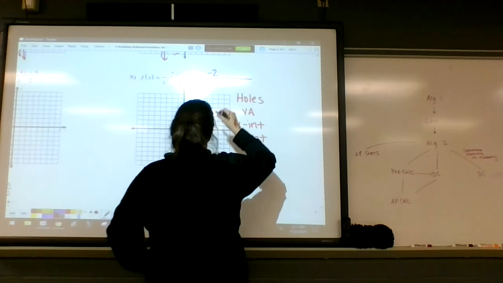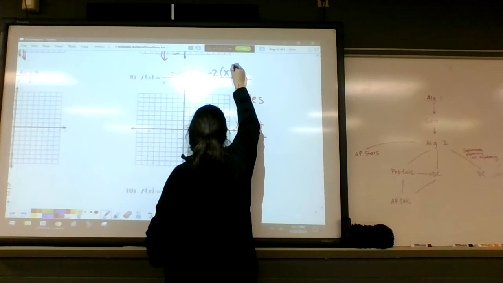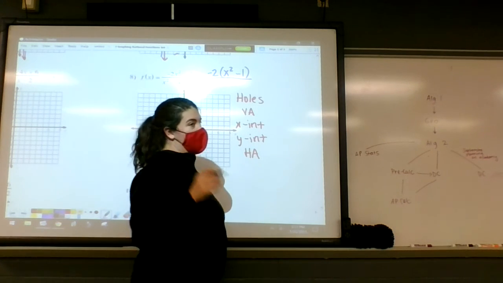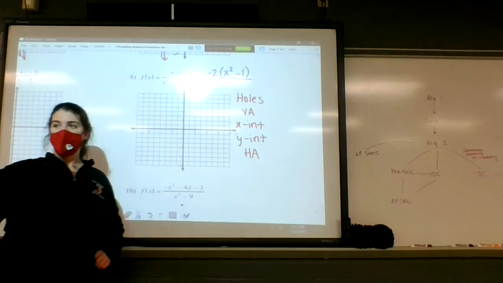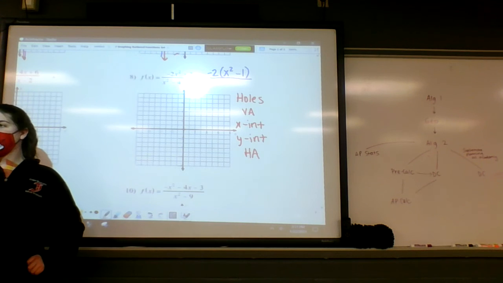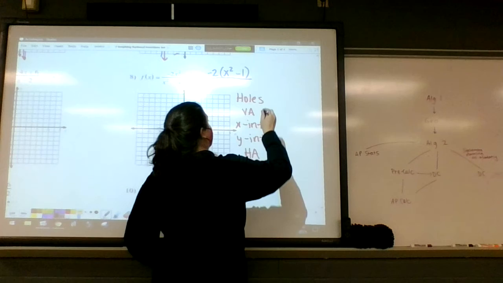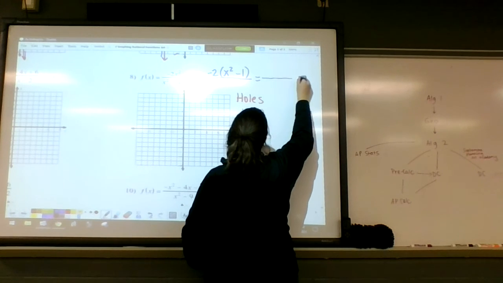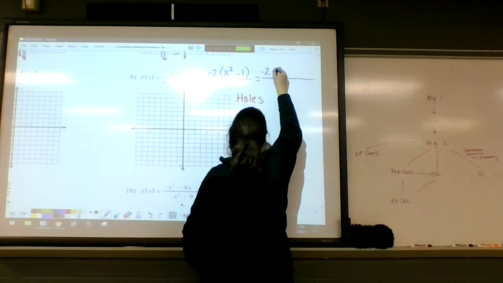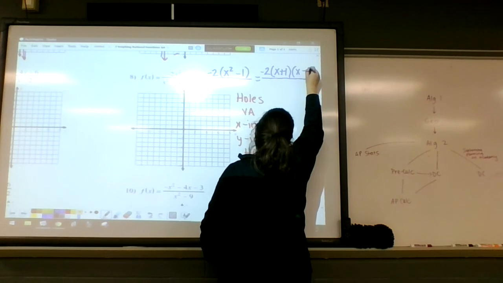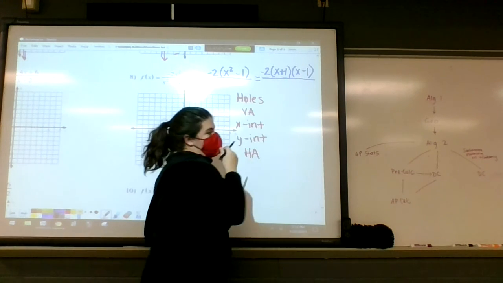You don't want to leave that negative. So left over is x squared minus 1, and that should set off an alarm in your head, because I just said x squared minus 1. What do we know about that? It's a difference of squares. So this keeps going into (x plus 1)(x minus 1).